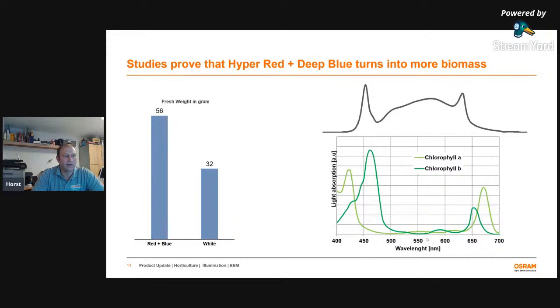Of course, in the range of 550 or 600, you don't see too much. If you would now apply a wide spectrum like sketched here on top, that means you put a lot of energy in the green or green-yellowish area, and it will not be perceived by the plant.